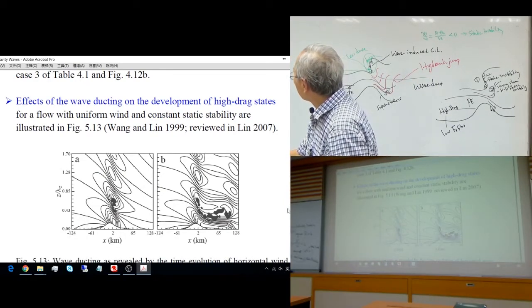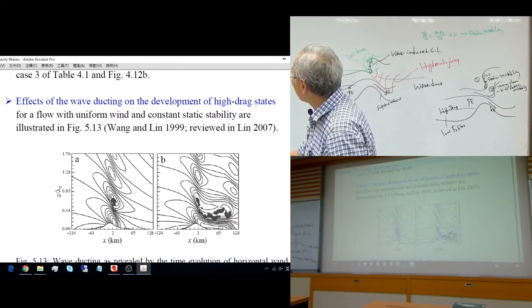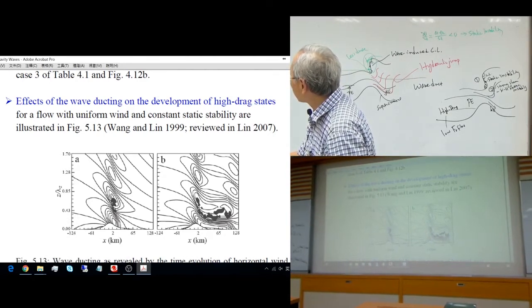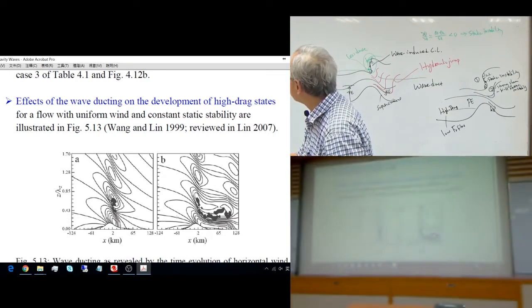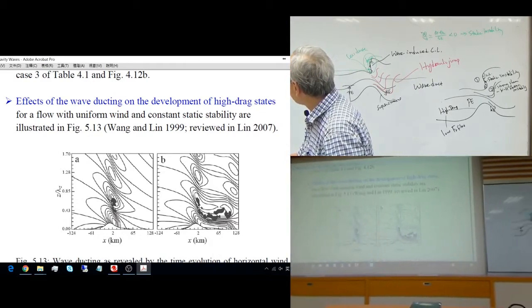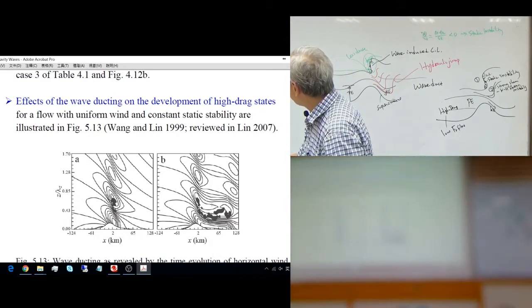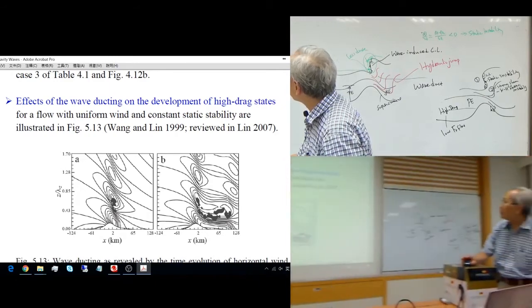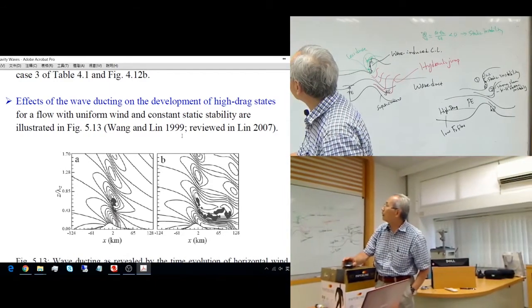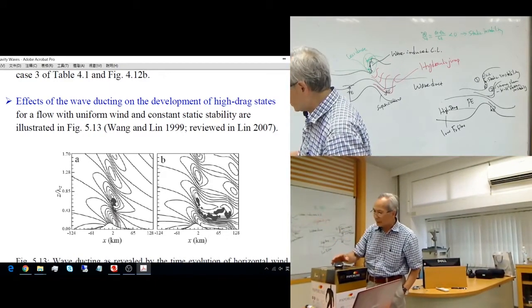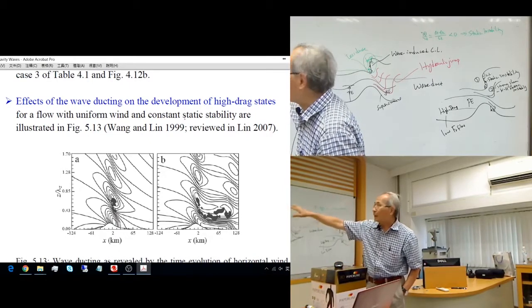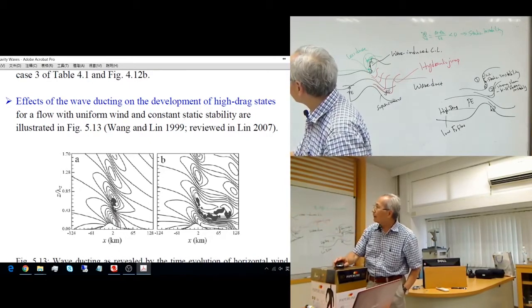Anyway, so you have the overturning. This number is very small, less than a quarter. So you get this large amplitude wave developing into a hydraulic jump. So this is in Wang and Lin. Guan published that.